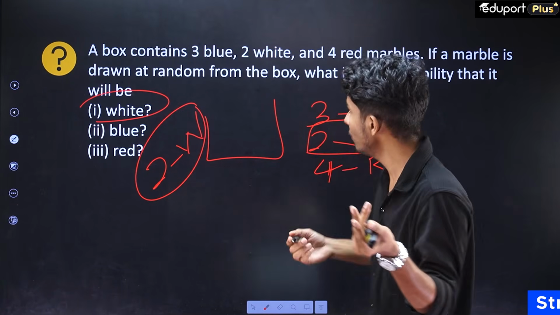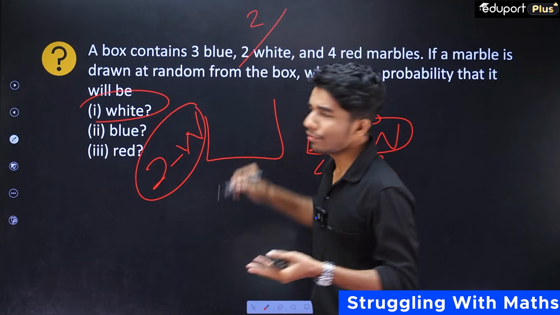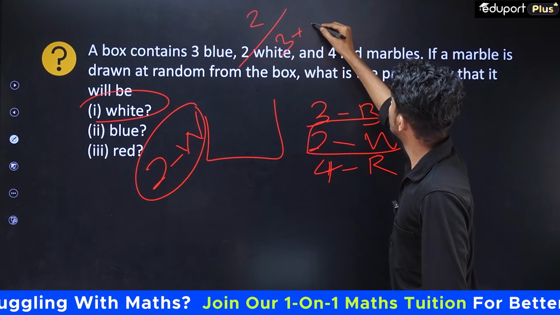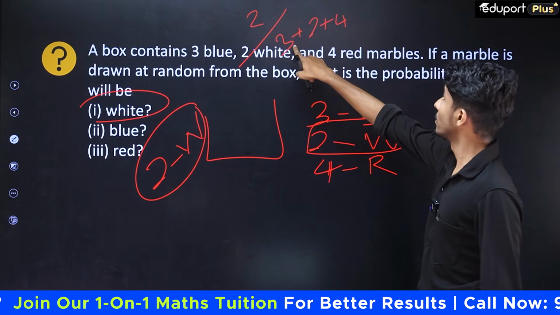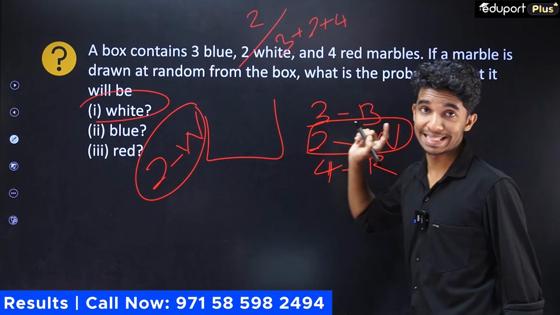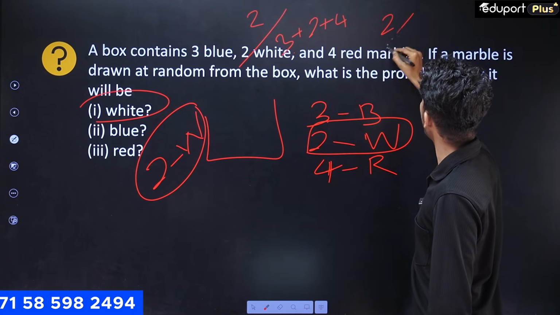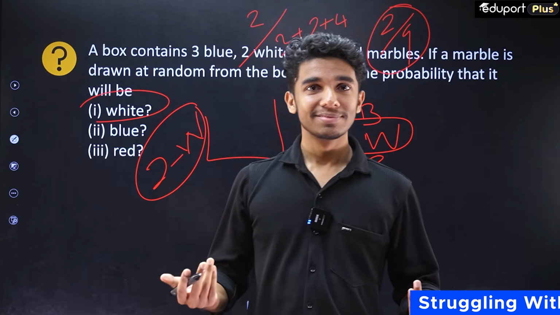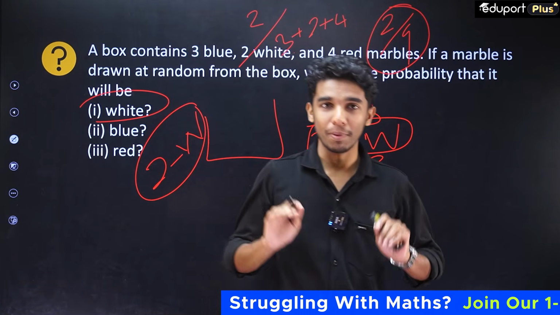So we have 2 white out of how many? Out of 3 blue, 2 white and 4 red. 3 plus 2 is 5, 5 plus 4 is 9. So the probability is 2 by 9. Simple. That's all about probability.